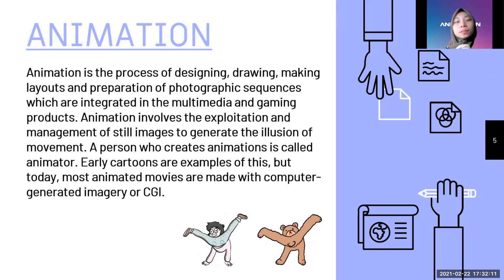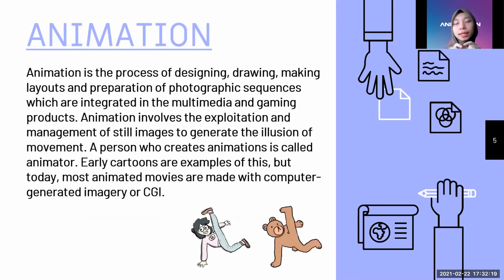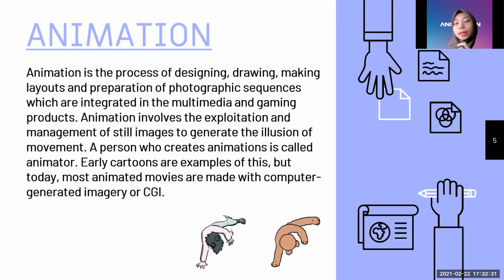Animation involves the exploitation and management of still images to generate the illusion of movement. A person who creates animation is called an animator. Here the cartoons are examples of this, but today most animated movies are made with computer generated imagery or CGI.